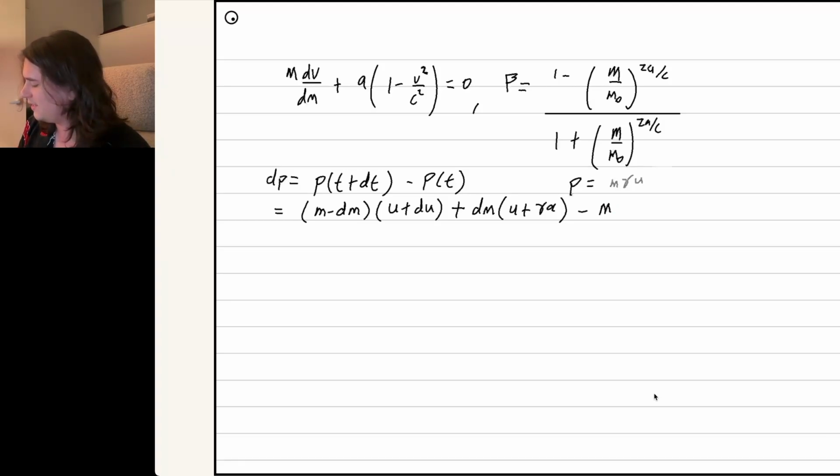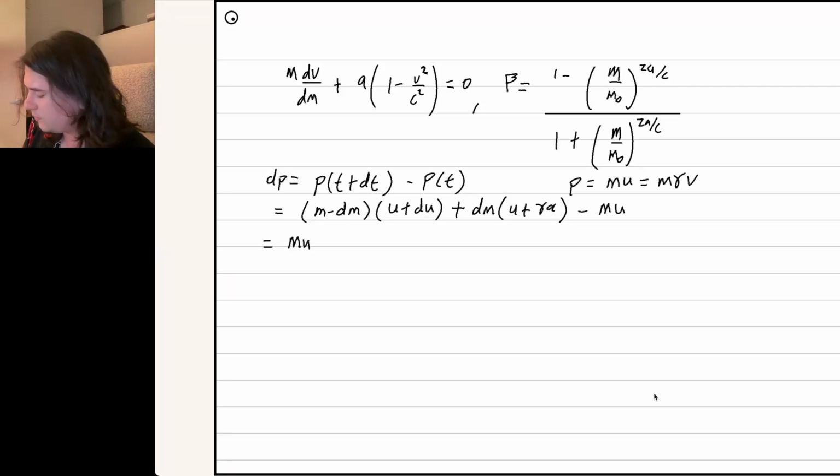Actually, this is mu, which is m gamma v. Yeah, okay. I'm just going to write it as mu here. So we can just FOIL these guys.